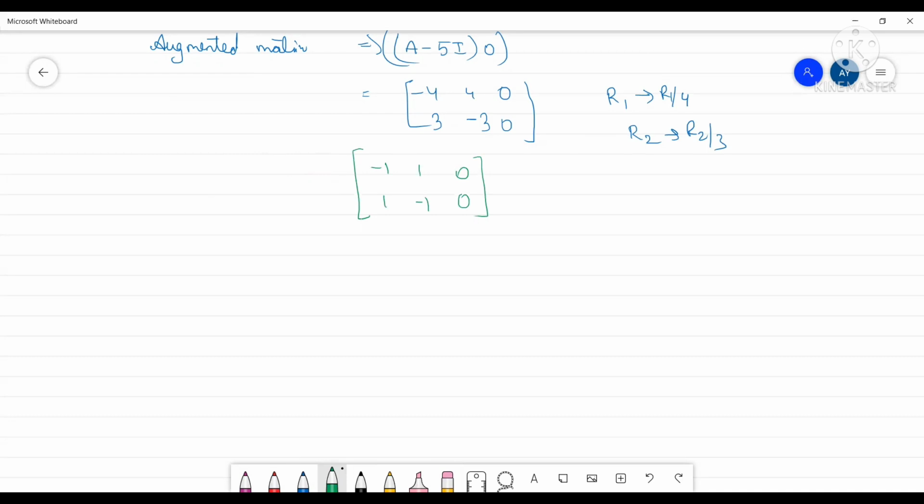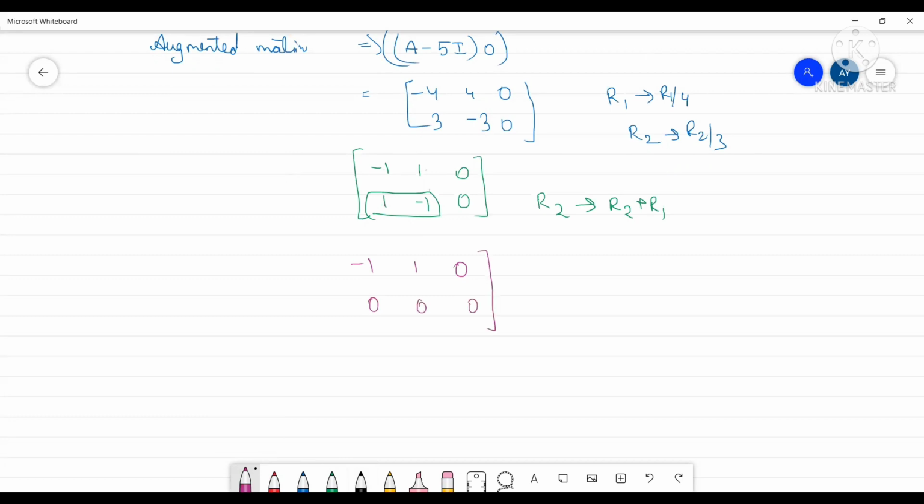Now perform some row operations, because I want the last row to be 0, right? So R2 tends to R2 plus R1. If you do this, the last row will be equals to 0. So what will be the last row that you get? 1 minus 1 is 0, minus 1 plus 1 is 0.